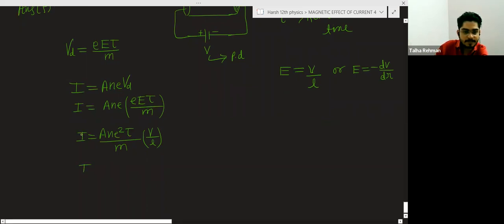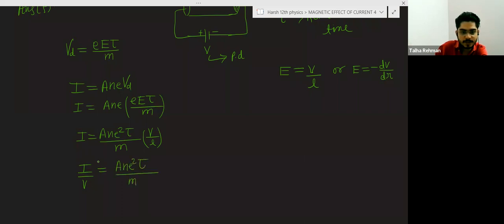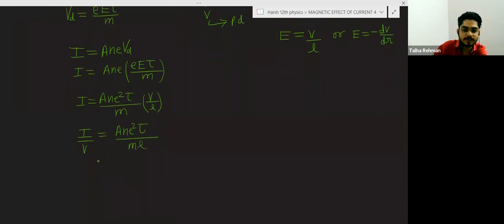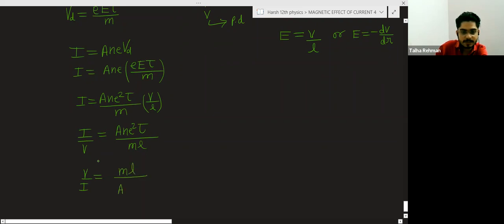So this will become I by V is equal to A N E square tau by M into L. Now reverse this equation. It will become V divided by I, so it will become ML divided by A N E square tau.